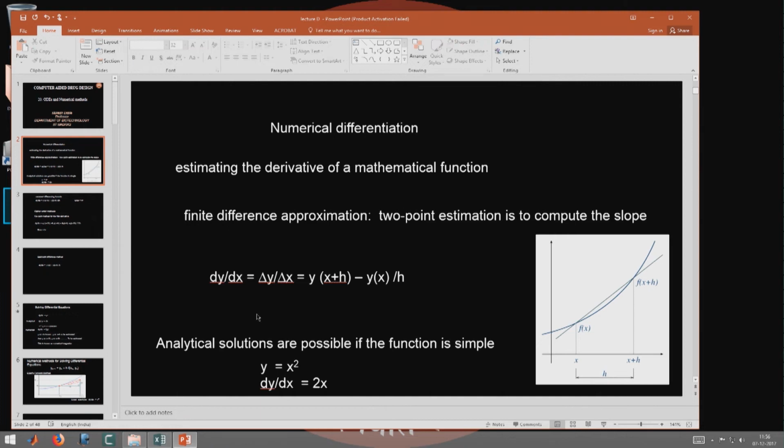So, this numerical differentiation is very important, which is the backbone in many of the conformational search algorithms.